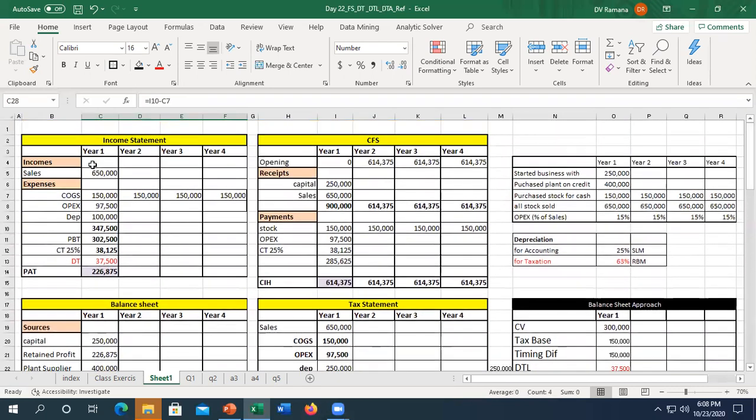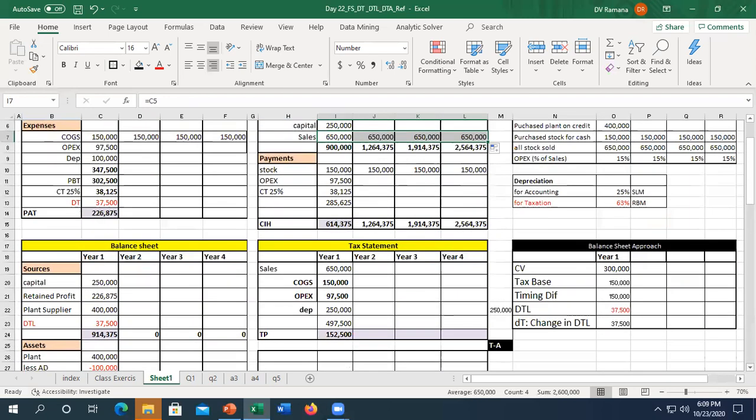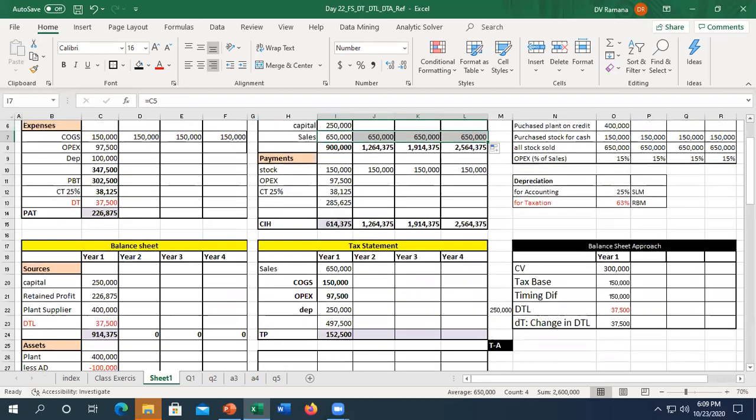And in all these years, the sales is 650,000, which is collected immediately in all 4 years. So the sales is cash sales, and the entire stock purchase is sold. Therefore, there is no stock at the end of the year, and the entire stock becomes the COGS.